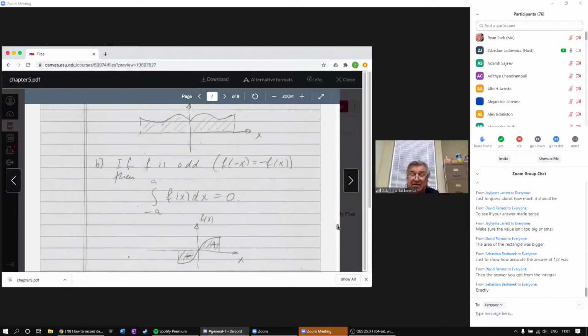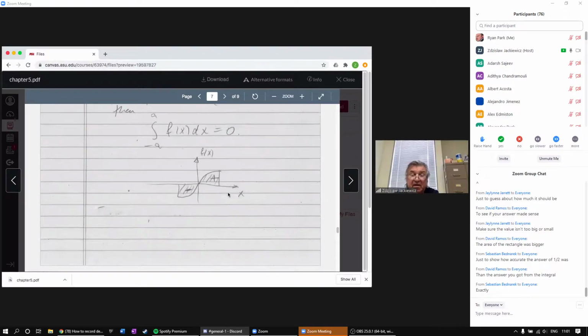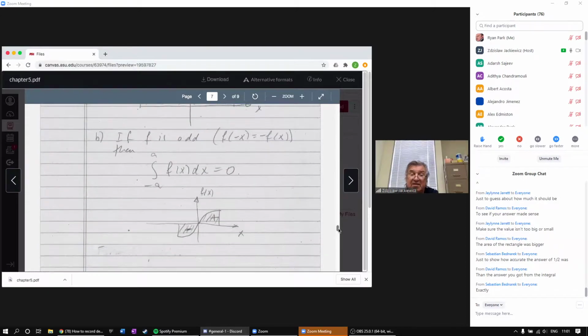No computations are needed, just 0. The interpretation is this: the graph of an odd function looks like this. Think about part of sine. That's a positive area, that's a negative area, they cancel each other. So the answer is just 0.